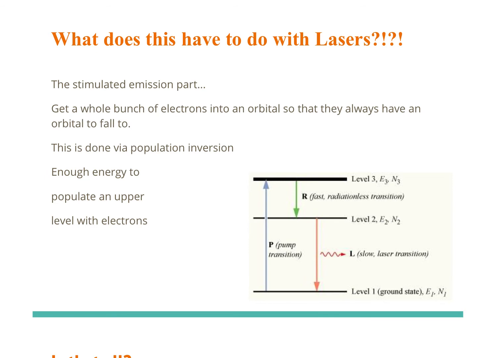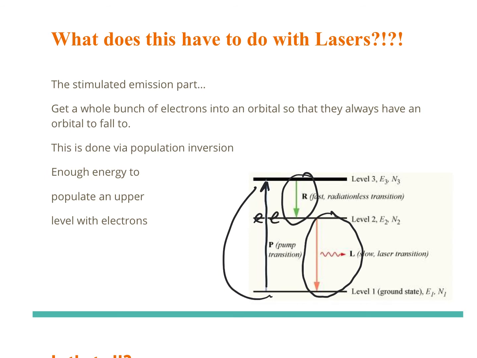If you find a material that has a setup where there's a fast transition and a slow transition, and you are able to pump in a bunch of energy that will take electrons from down here to up here, the fast transition will make it so that those electrons more so congregate here.